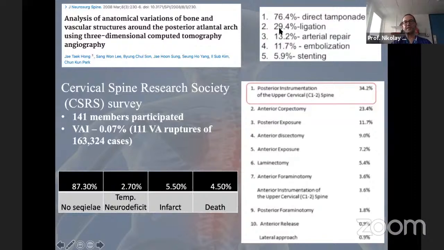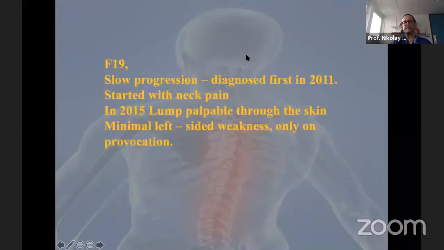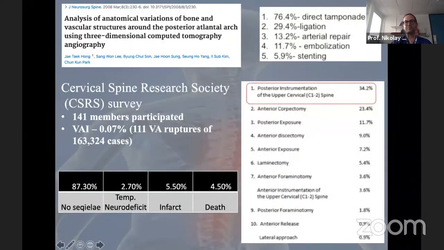So as you can see here, about 76% they did a direct tamponade, about 29% they managed to ligate the vertebral artery, about 13% they managed to repair, 11% embolization, and about 5.9% stenting.